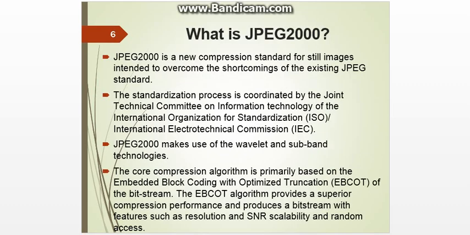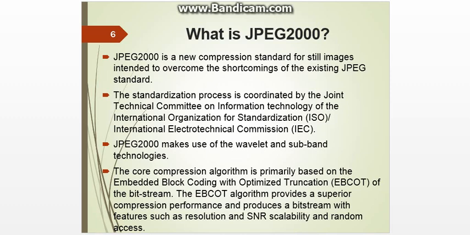Now, what is JPEG 2000? JPEG 2000 is a new compression standard for still images intended to overcome the shortcomings of the existing JPEG standards. The standardization process is coordinated by the Joint Technical Committee on Information Technology of the International Organization for Standardization, that is ISO, and the International Electro-Technical Commission, that is IEC.